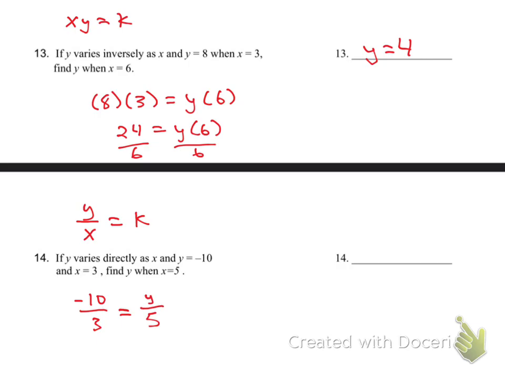And whenever you have an equation set up, you have fractions set up equal to each other, you can cross multiply. So that'll be negative 50 equals 3y. Divide by 3. What's that give you? Somebody? 16 and 2/3. Negative 16 and 2/3. Thank you.